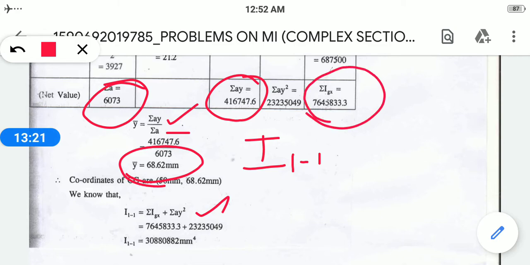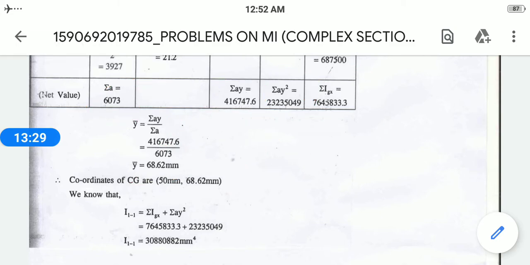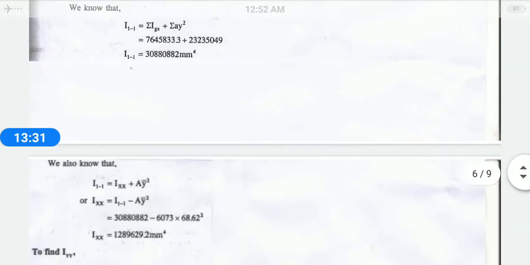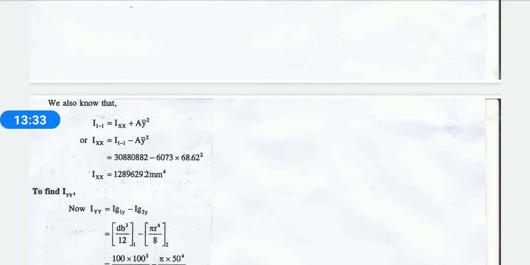Already we know the summation of I of gx and summation of a y square. Substitute and get your value. This is your I of 1 1. After getting your I of 1 1, substitute in the formula I of 1 1 is equal to I of xx plus a y bar square and get your value I of xx. Okay, this is one method.